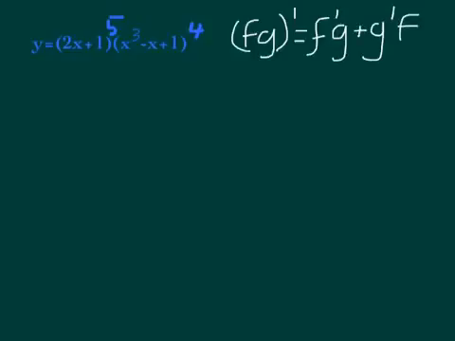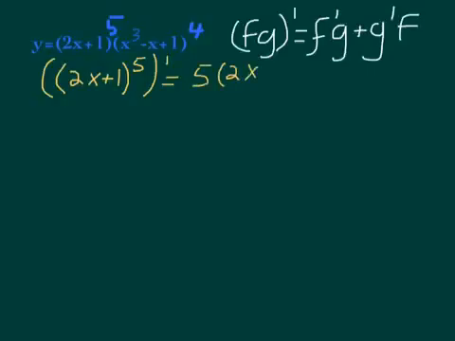Here, my f is this one, and my g is this one. So let's work them out separately first. Derivative of (2x plus 1) to the power of 5: the derivative of all of that will be 5 times (2x plus 1) to the power of 4 multiplied by the internal derivative, which is 2.